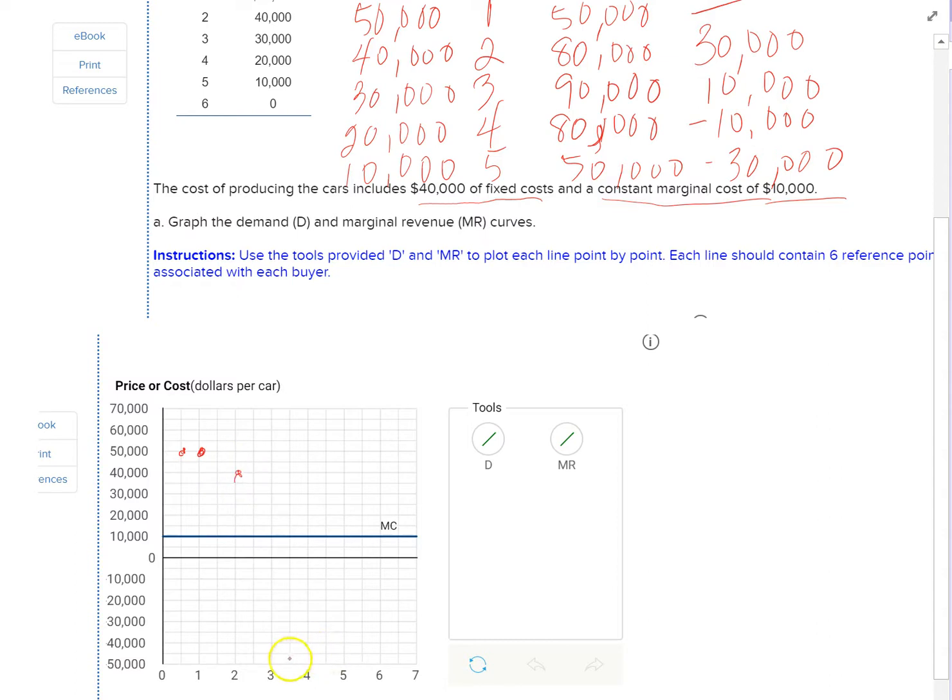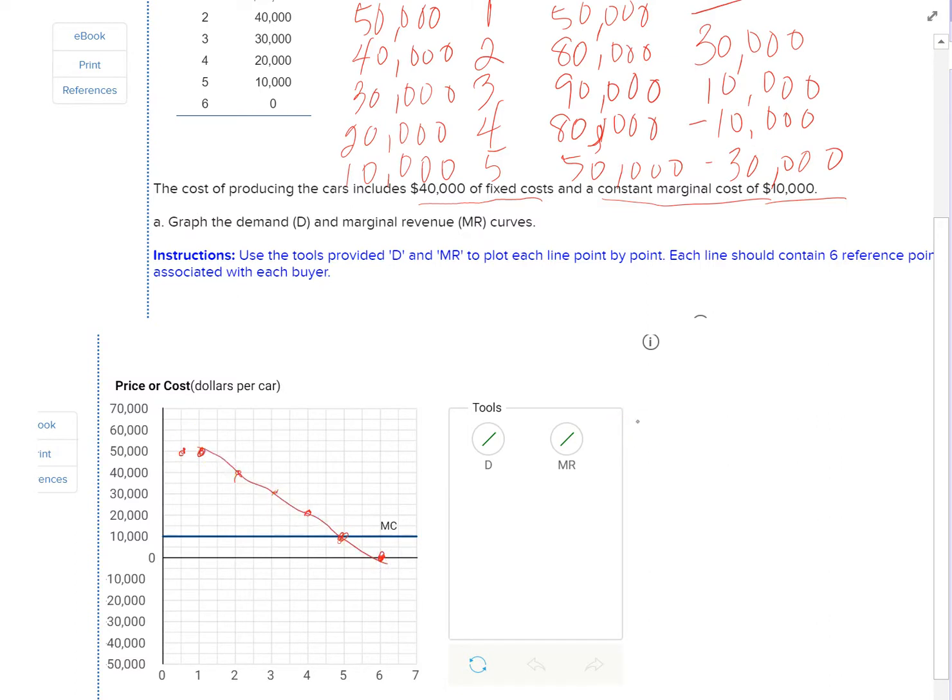And 3 at 30,000. Graphing should be pretty easy. And 4 at 20,000. And 5 at 10,000. And at a price of 0, 6. So we're going to assume that this is a pretty accurate demand curve. So we've got that. Connect the dots. I think you'll use the tool here for that.